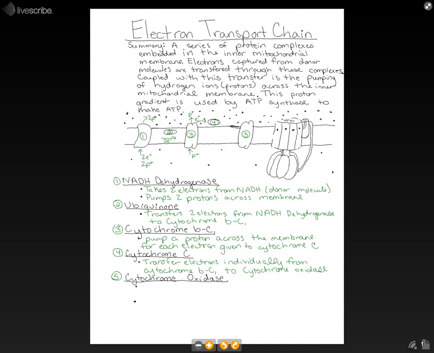And cytochrome oxidase is going to react 4 electrons. So once it gets 4 electrons from cytochrome C, it's going to do this. It's going to react 4 electrons, 1 oxygen molecule, and 8 protons to form two water molecules.